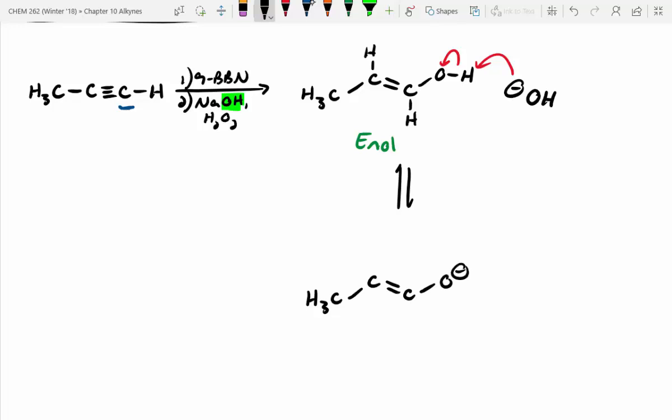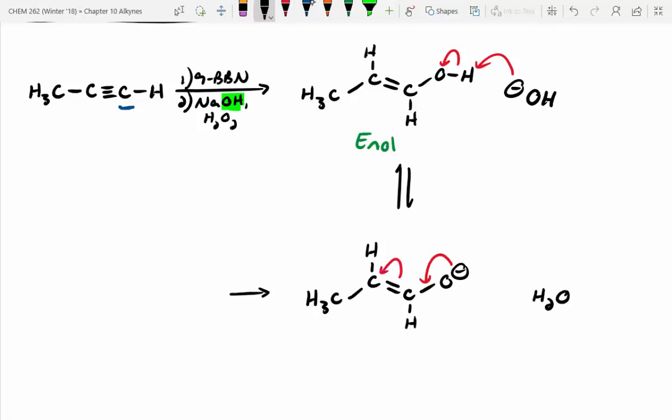All right, now this oxygen has a negative charge. We've got our conjugate acid, which is water. All right, so we know that this is the most acidic proton because the negative charge ends up on the most electronegative atom. Is there anything else stabilizing this besides the negative charge being on the most electronegative atom? Resonance, right? So let's draw the resonance structure.